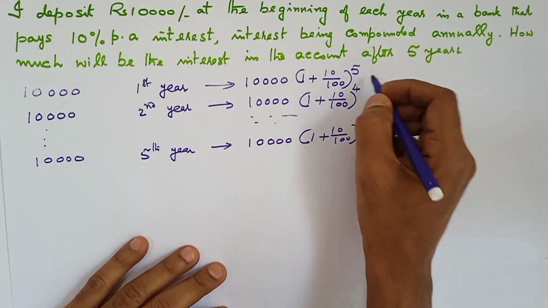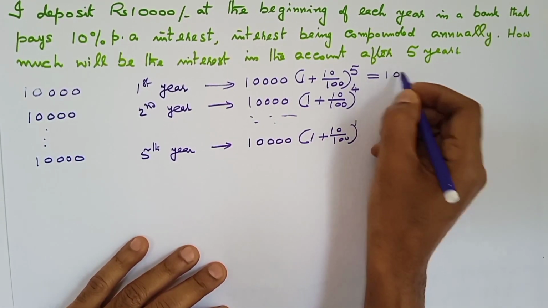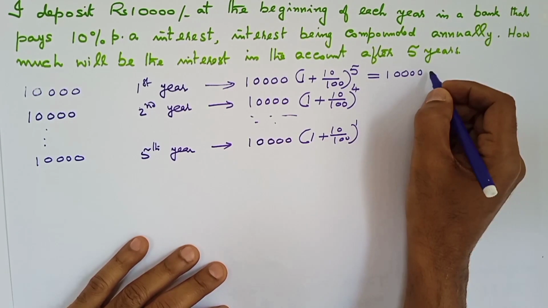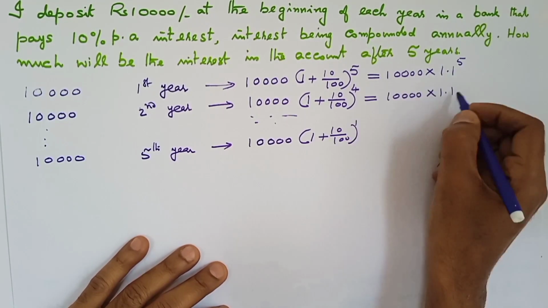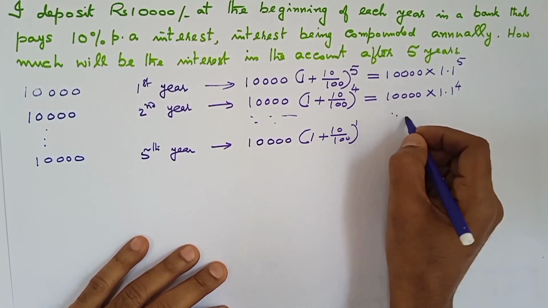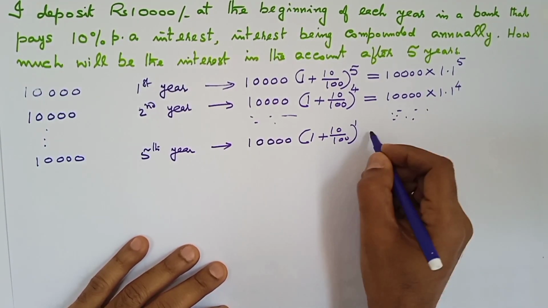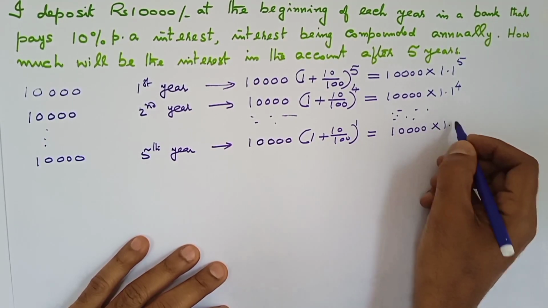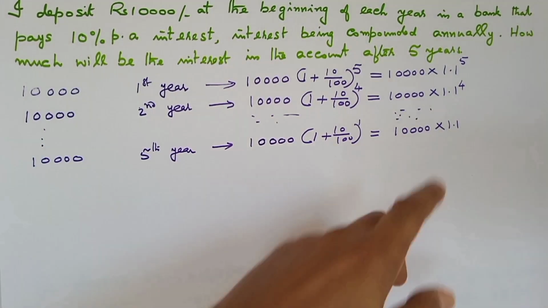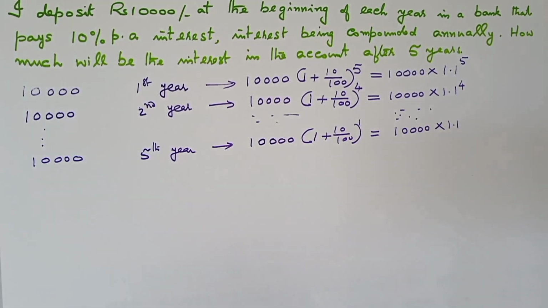You can further simplify this. This will be 10,000 into 1.1 to the 5, 1.1 to the 4, and the last one will be 1.1. Now take the sum total of all this. That will be the total amount he will have in the bank after 5 years.